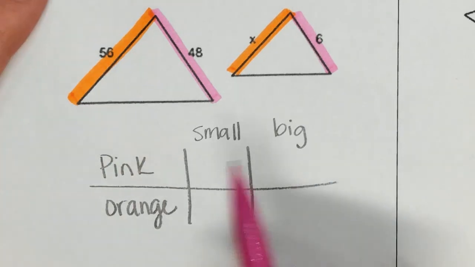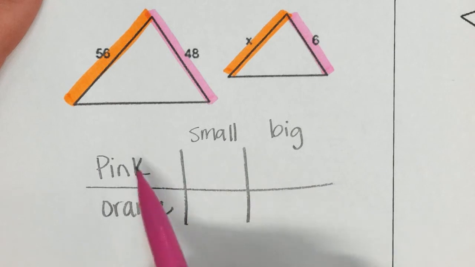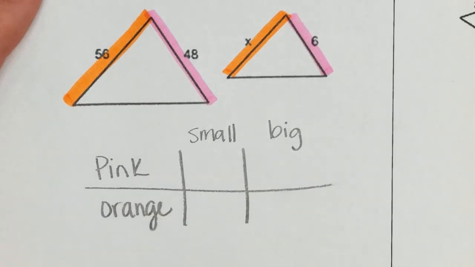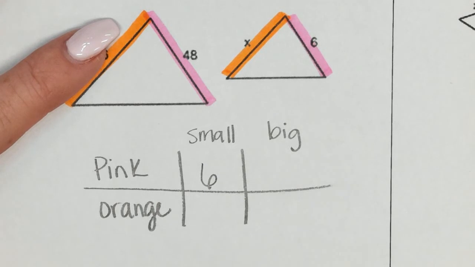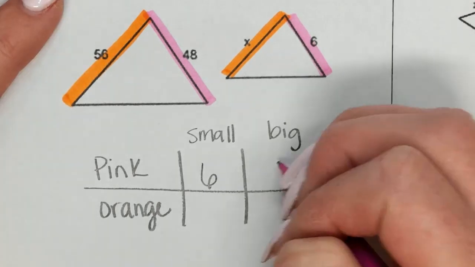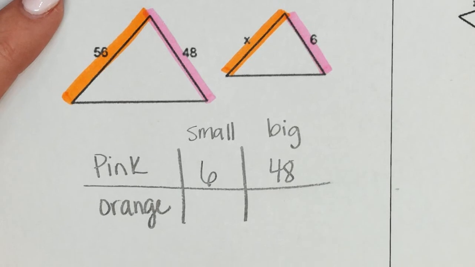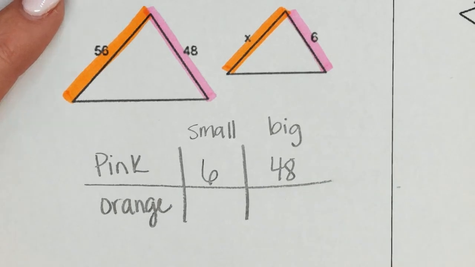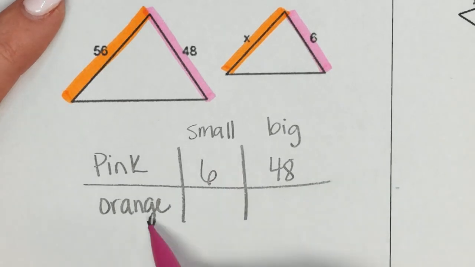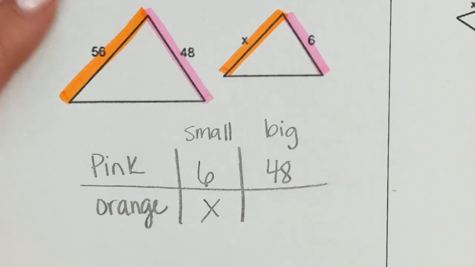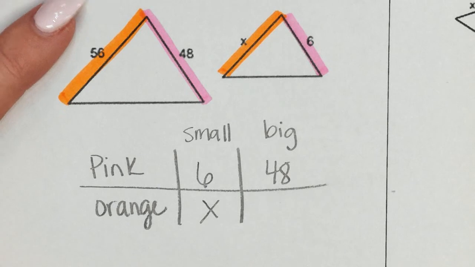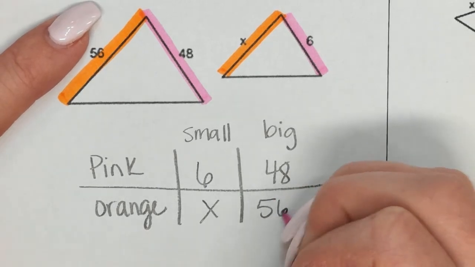All right. What is the number that goes with the small pink one? 6. What is the number that goes with the big pink one? 48. What is the number that goes with the small orange? X. What is the number that goes with the big orange? 56.